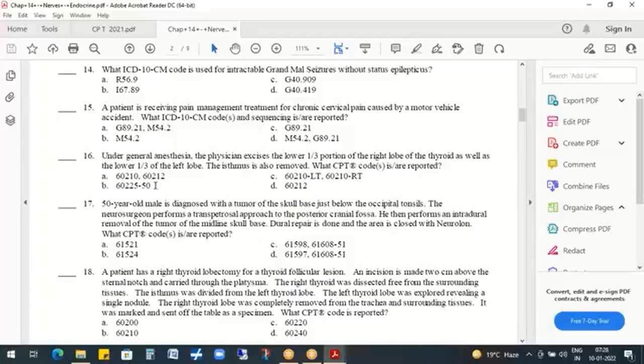See, what is the scenario here? Can anyone explain what is the physician doing?